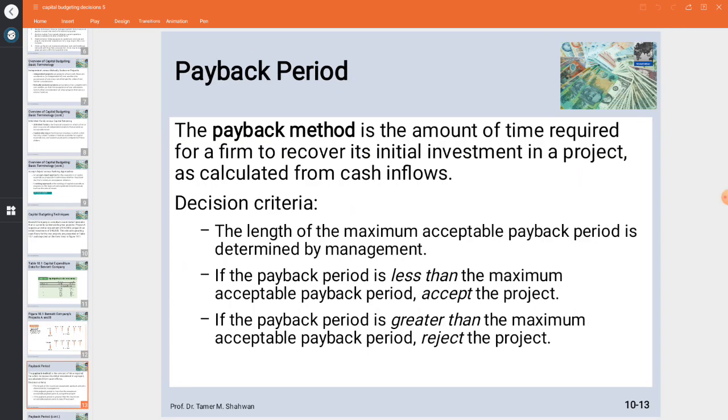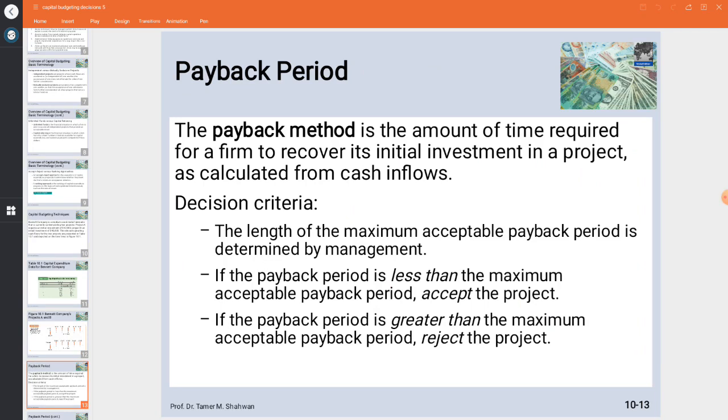The first one, which is the most traditional one, is to use what we call the payback period or payback method. With the payback method, you are aiming to determine the amount of time required for a firm to recover its initial investment in your project.